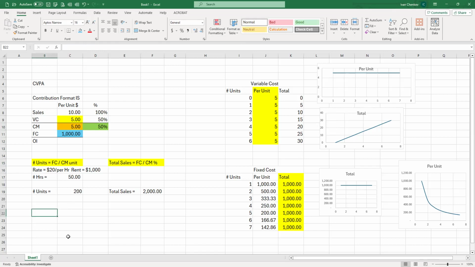Every time you need additional profit, let's say I want operating income to be equal to $5,000 because I don't want to work at the break even, the only thing that you have to do is add that operating income that you want to the fixed cost.